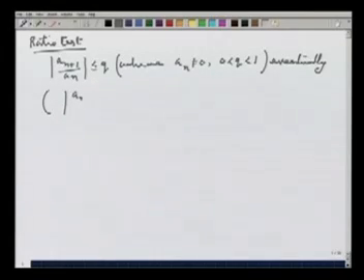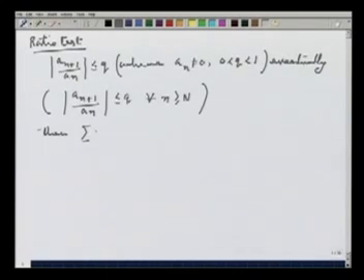So in particular, what I mean is that mod a_(n+1) divided by a_n is less than or equal to q, let us say for all n bigger than or equal to some capital N. If this happens, then summation a_n converges absolutely. This is part A.